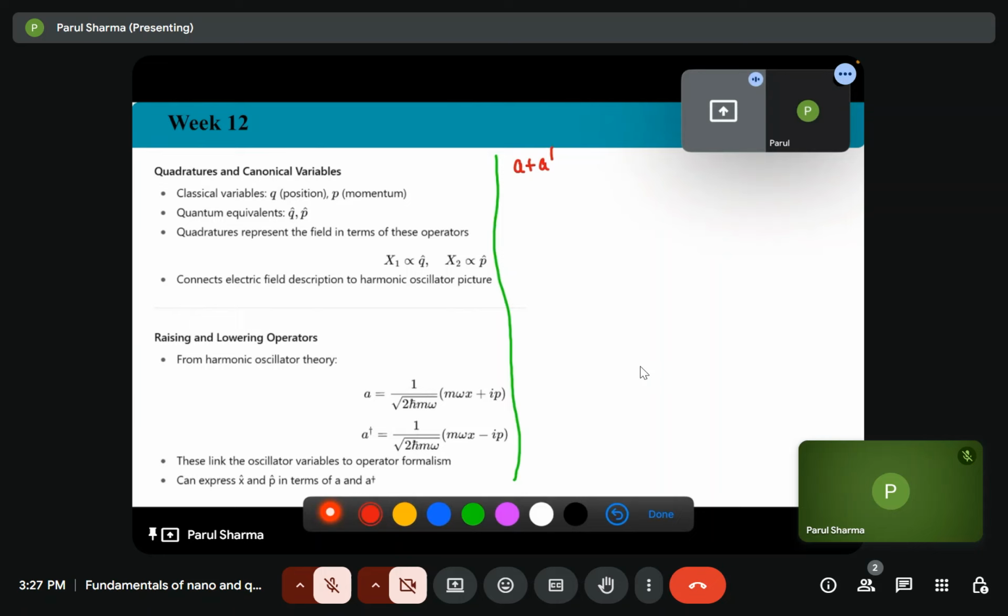A plus A dagger will give us 2m omega x. From this we can find out x is equal to root of h cross upon 2m omega times A plus A dagger.